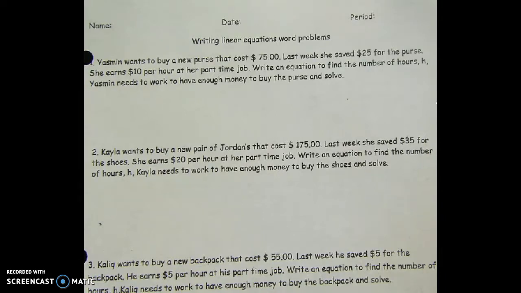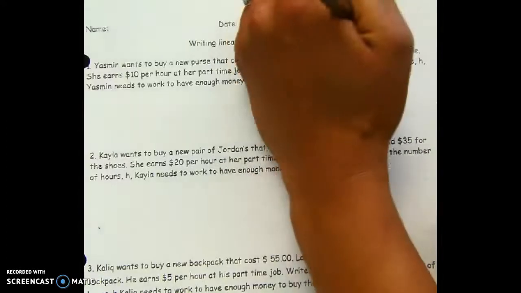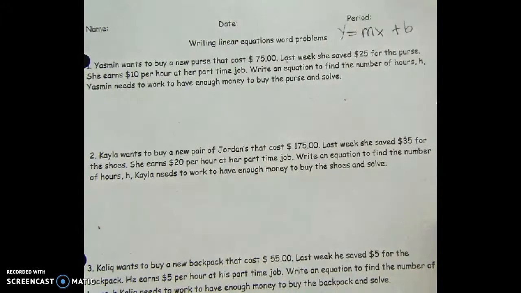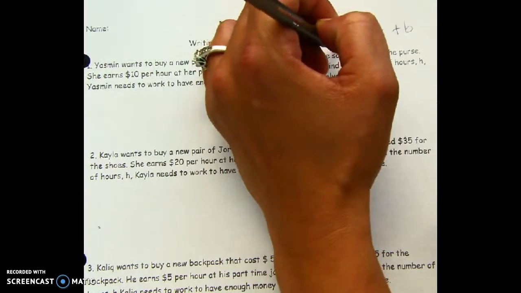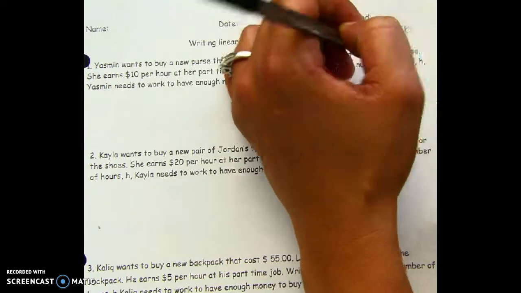So the first thing I want us to do is use the diagram we learned in class. And that is going to be Y equals MX plus B. Please put this in the corner of your worksheet because that's going to help you as you go along. We are going to circle our totals. We are going to box our rate.